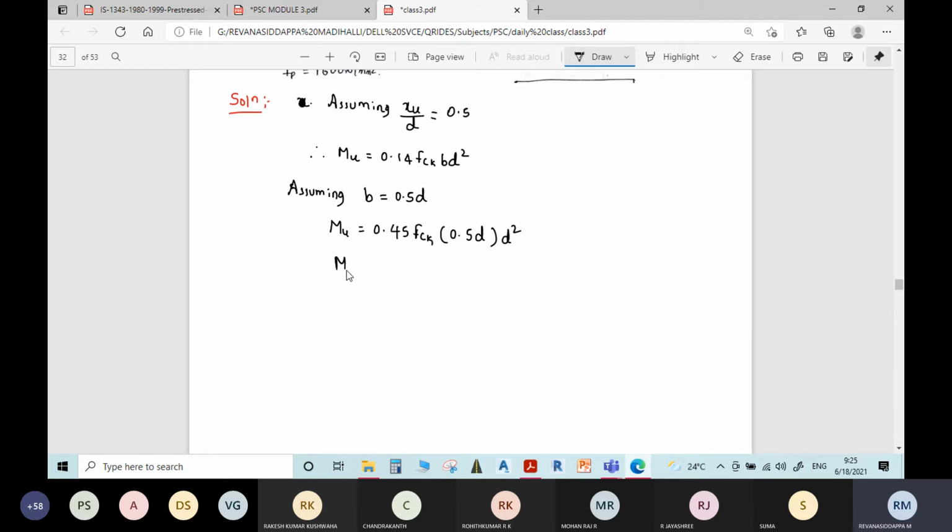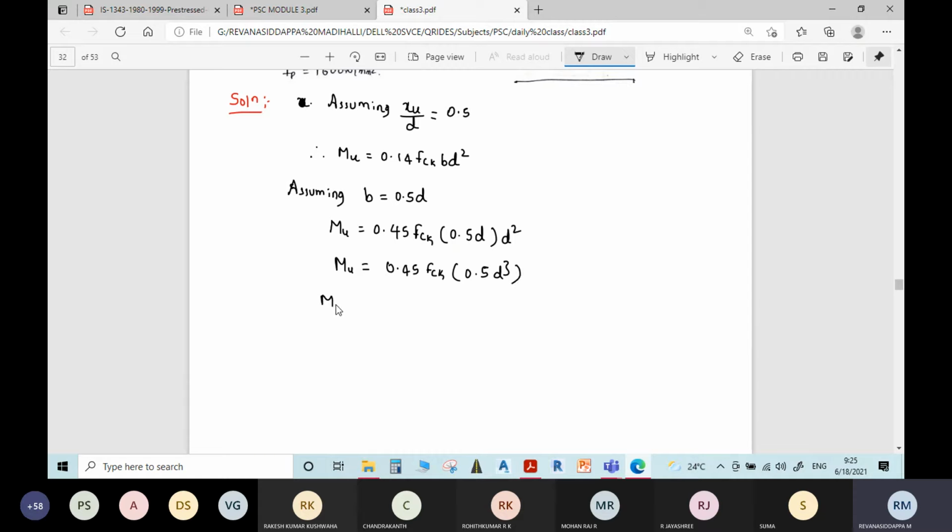Now Mu is equal to 0.14 fck into 0.5 d cube.